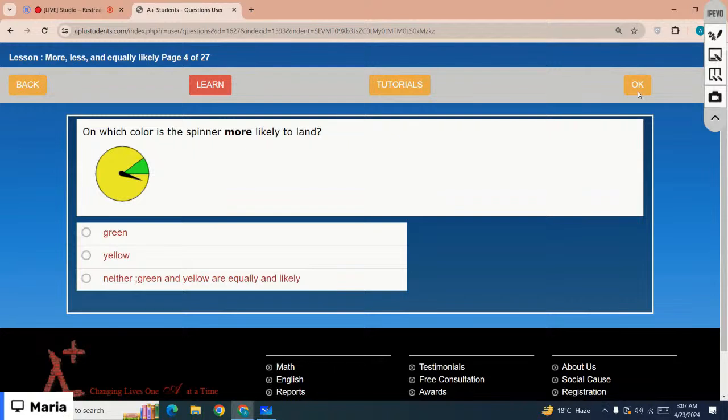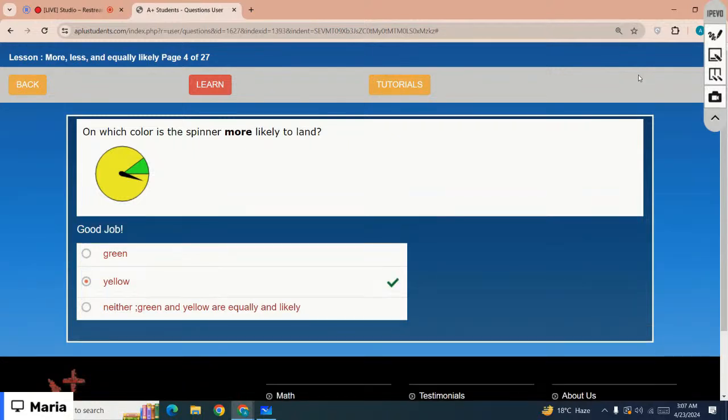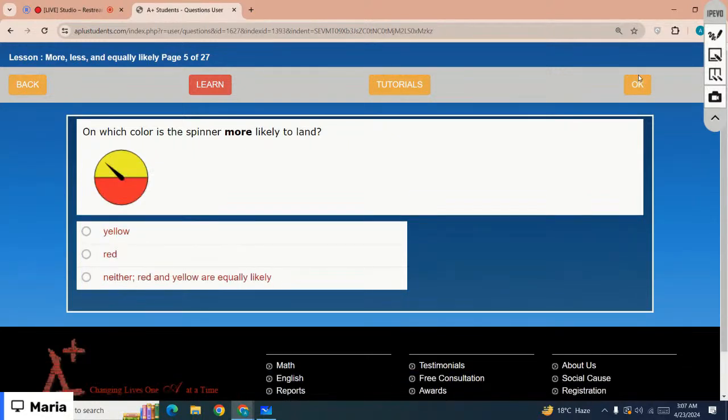On which color is the spinner more likely to land? Which is the correct option? It will more likely land on, yes, yellow, because most of the portion on the spinner is yellow. Next, on which color is the spinner more likely to land?